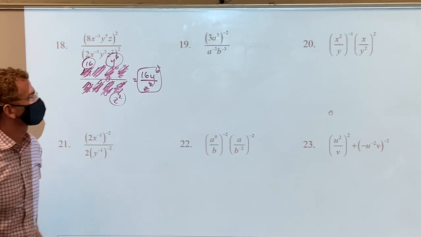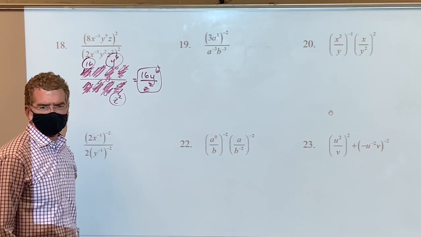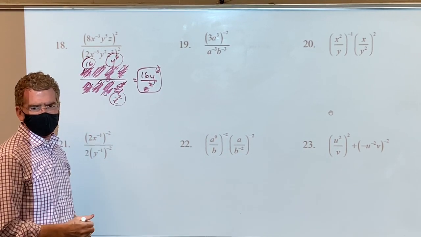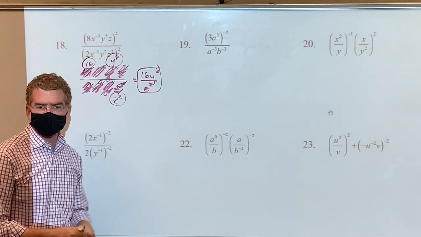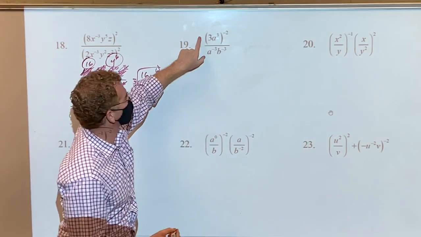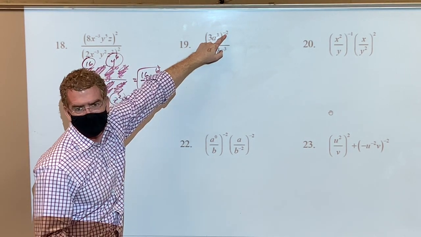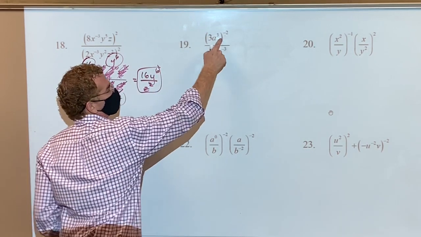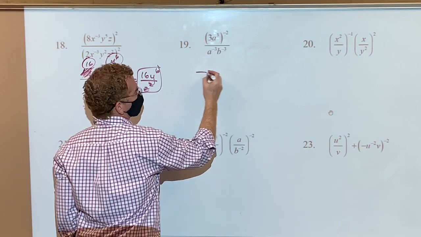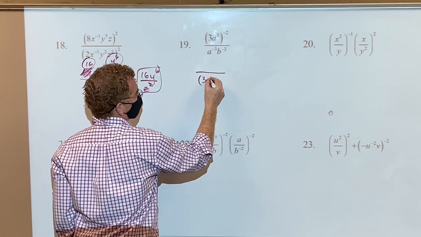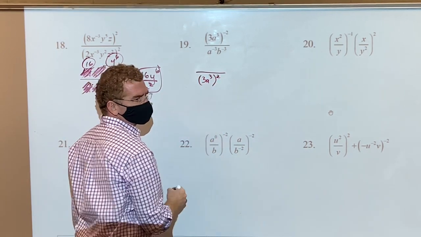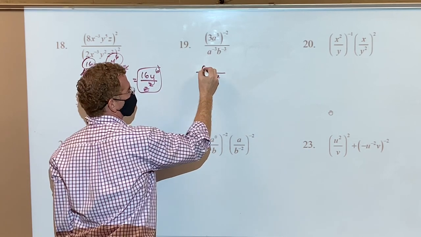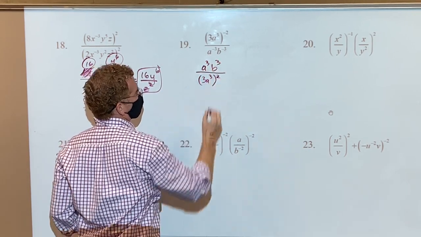What about 19? Well, can you flip the whole thing? Now, here's two options. The whole thing is not being raised to that negative 2, but those are negatives also. So one option would be to take that whole parentheses, move it to the bottom, and make it a positive 2, and then make both of those positive exponents on the top.